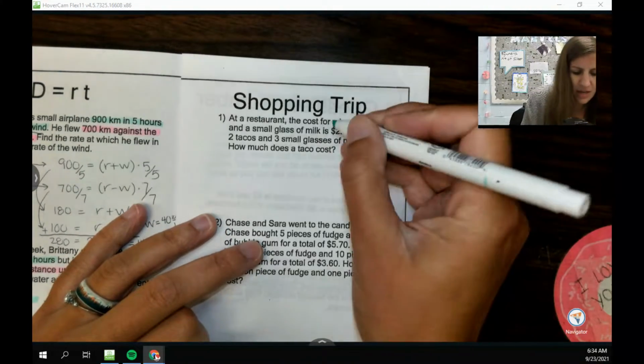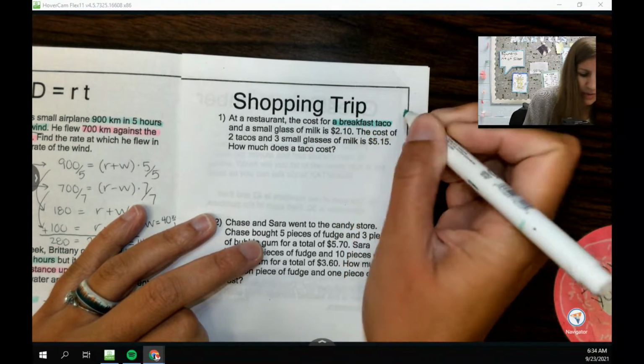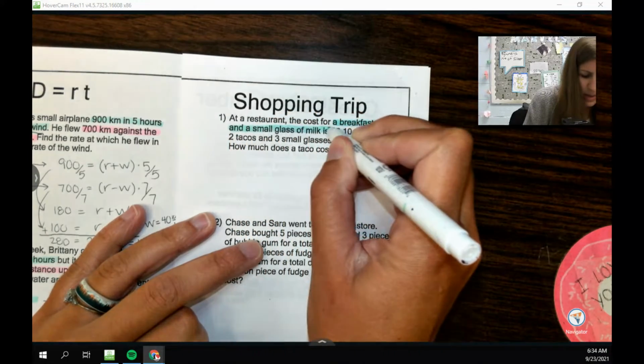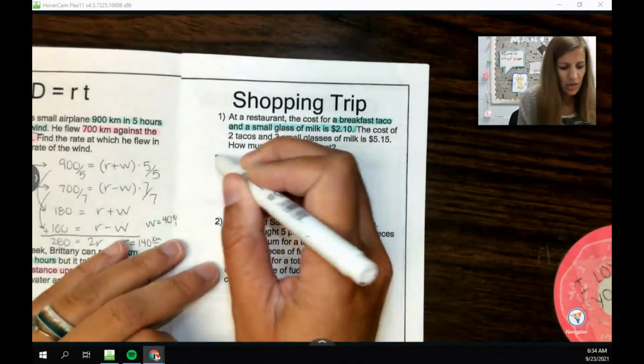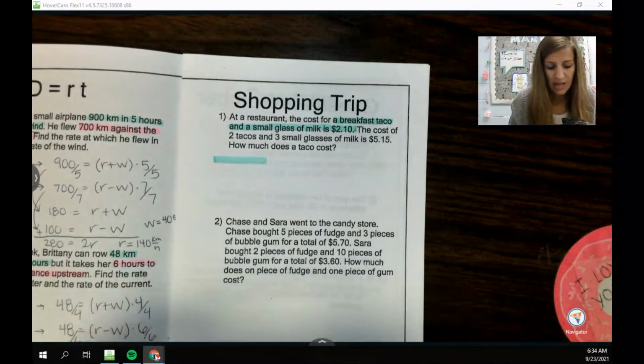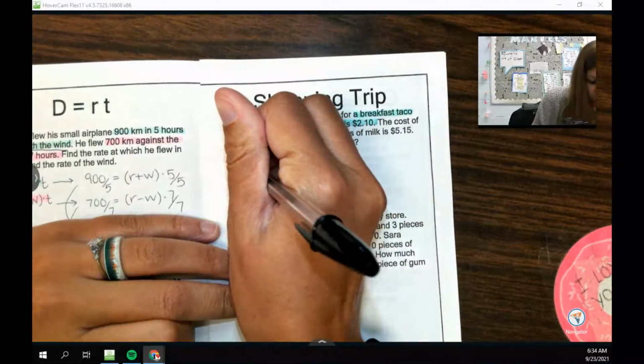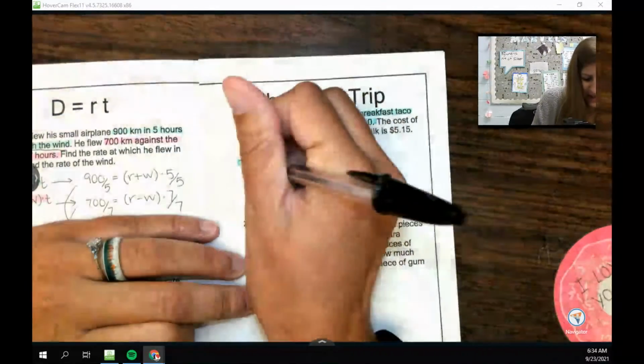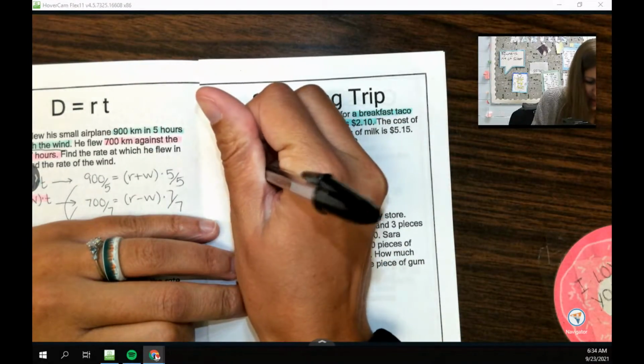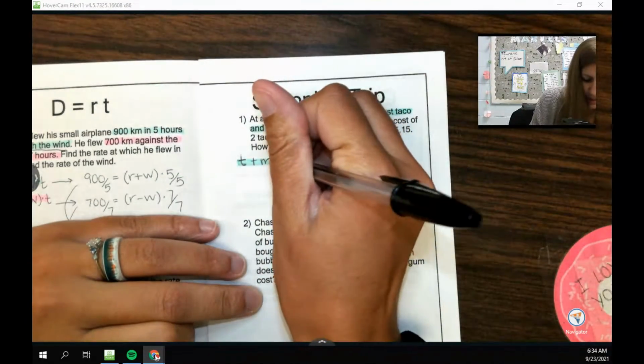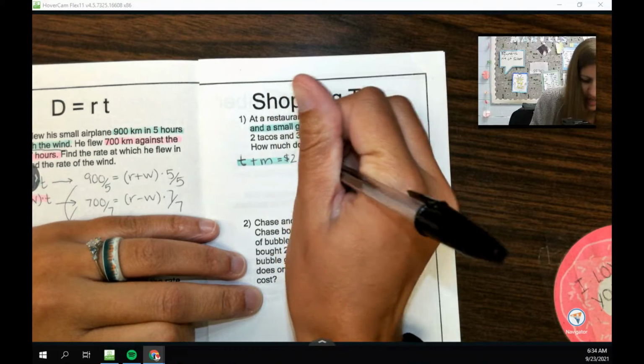So we have this first sentence here, a breakfast taco and a small glass of milk costing that $2.10. So one breakfast taco, one glass of milk, kind of an odd combo, but it costs $2.10.